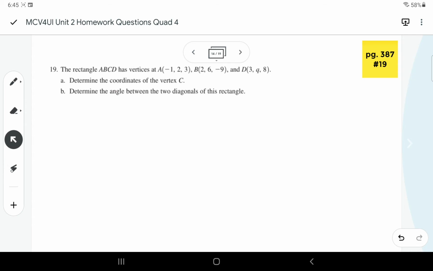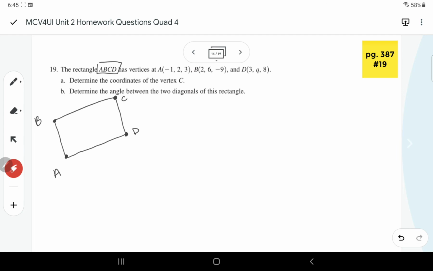So here we have a rectangle, ABCD, that has vertices A, B, and D, and we want to determine the coordinates of vertex C. So we know that when we're labeling a rectangle or any shape, the letters that you're given in that order are the way that they go around in order.